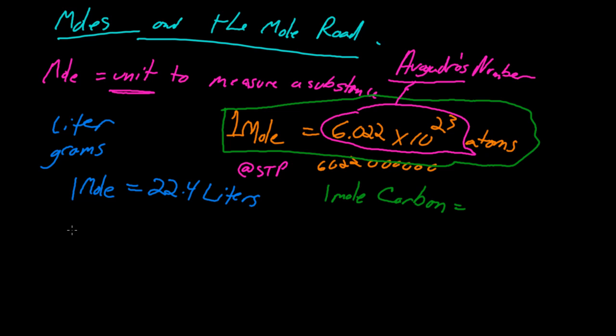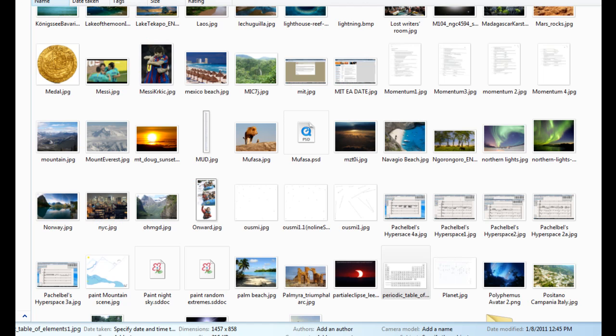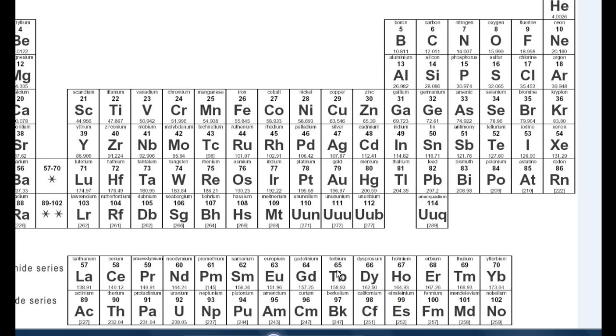In grams, if we want to convert moles to grams, 1 mole is equal to how many grams? Well, we have to look at the periodic table of elements to understand this. I have one right here for us.